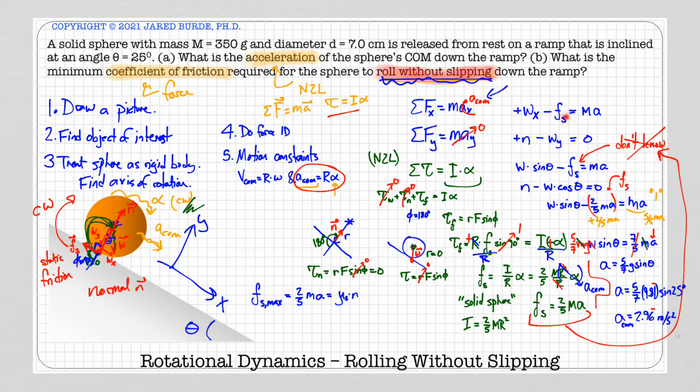We actually know what the normal force is. We've seen this before. The normal force in this case is going to be mg cosine theta. We've seen that for an object on an incline before. If this happens to be a spherical object, it doesn't actually matter. The normal force is what it is. I'm also going to plug in for acceleration here.